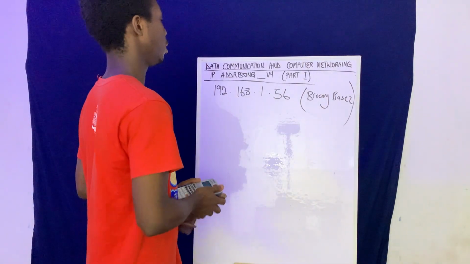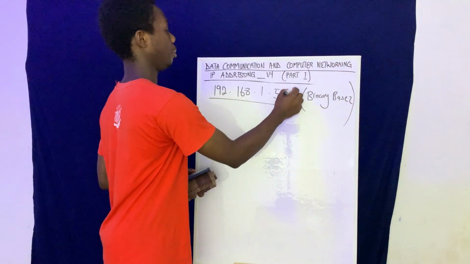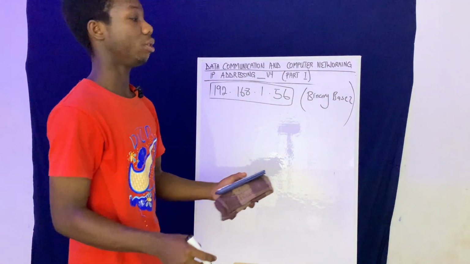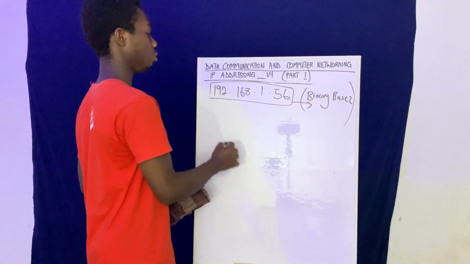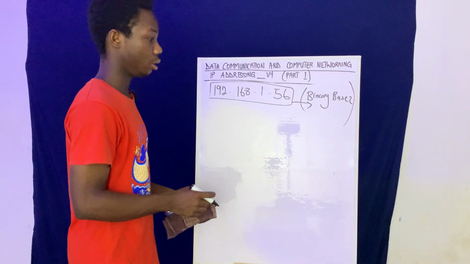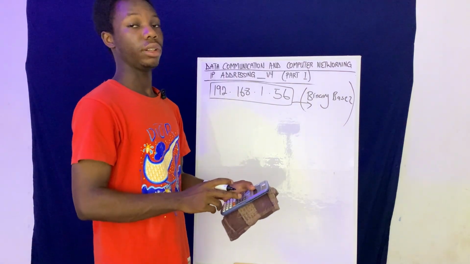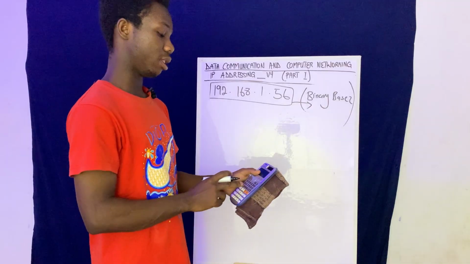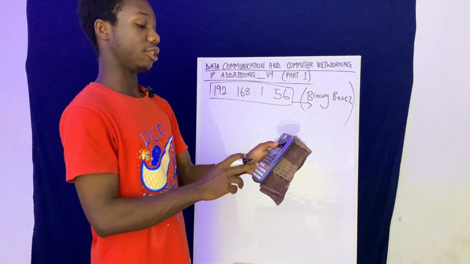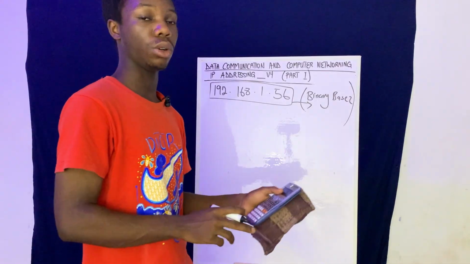So this is our IP address, and we have to convert this to binary or base 2. So how do we do that? You go to mode setup, then click on base option 4, that's base n. Here on your calculator, where the x exponent 2 is, we have the dec, hex, bin, and oct.